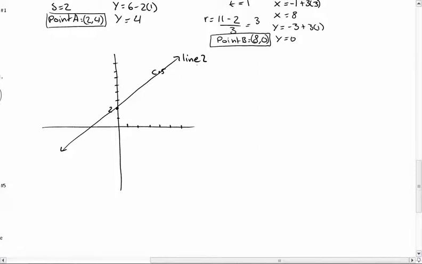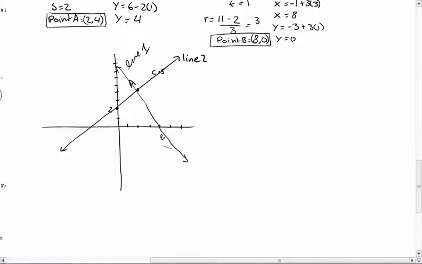It's 2, 4. 1, 2, 3. Because there's a point in the middle. Point A, and then point B, that's line 1. This would be at point 8.